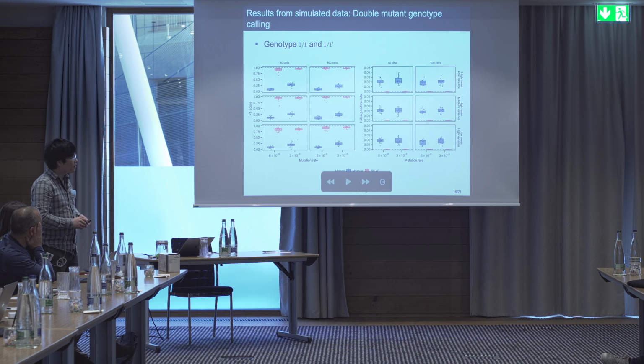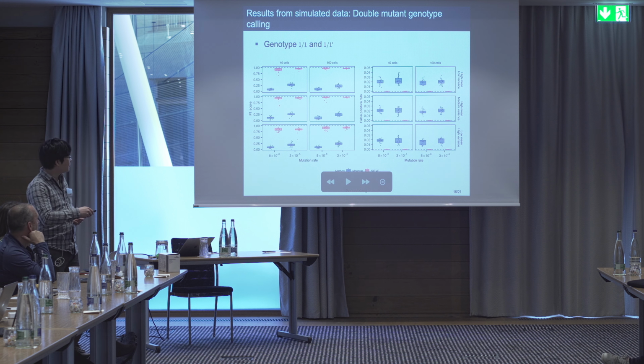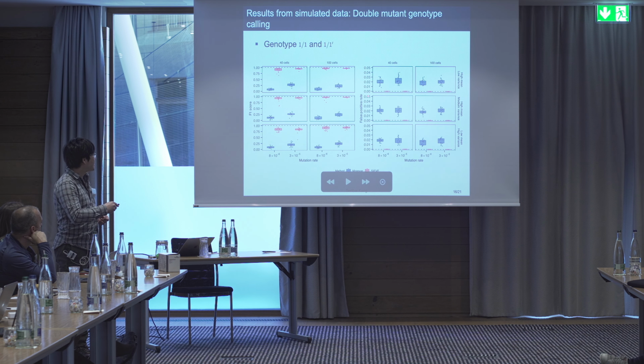It actually reports a lot of double mutations. Although I think most of them could be false positives, because based on these plots it has some non-zero, like 2%, false positive rate. Well, for us, it's always 0.